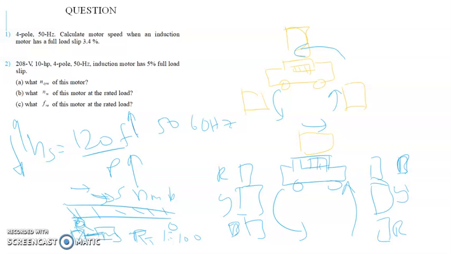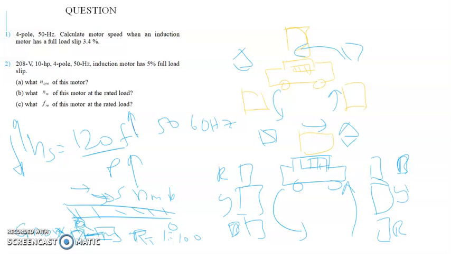So you don't have to fabricate too many poles to achieve a low speed to comply with your conveyor requirement. Instead, you just use a gearbox. This is the practical and most common practice in the industry.